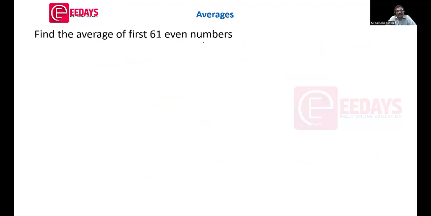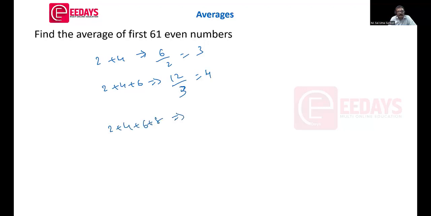The average of the first 61 even numbers. First two even numbers, 2 plus 4, that is equal to 6 by 2, that is equal to 3. 2 plus 4 plus 6, that is equal to 12 by 3, that is equal to 4. Next, 2 plus 4 plus 6 plus 8, that is equal to 20 by 4, that is equal to 5, and so on.